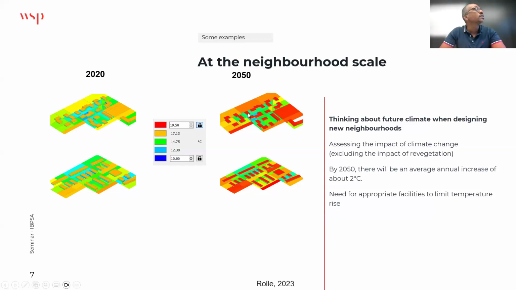We can also see that in the center of these buildings there is less increase in temperature compared to the other ones. We also then, I didn't show you here, evaluated the impact of including vegetation in this neighborhood, and it was even more positive in this case.